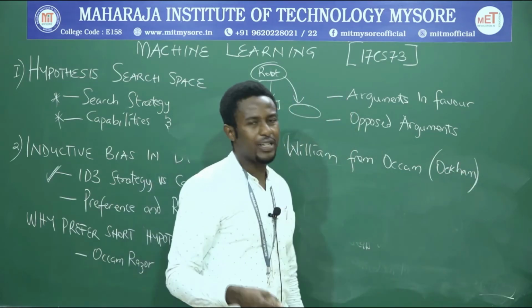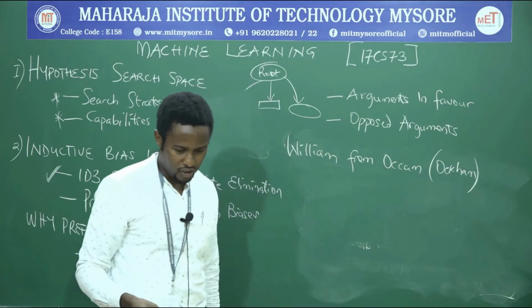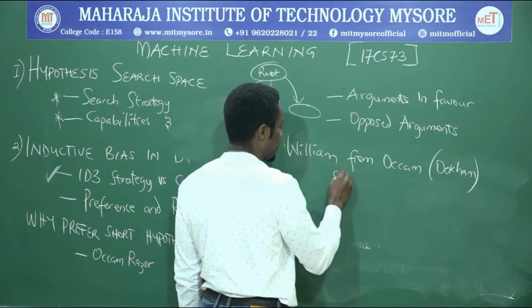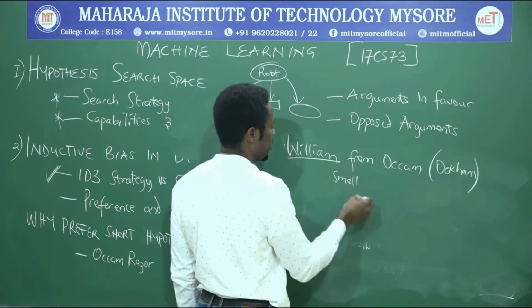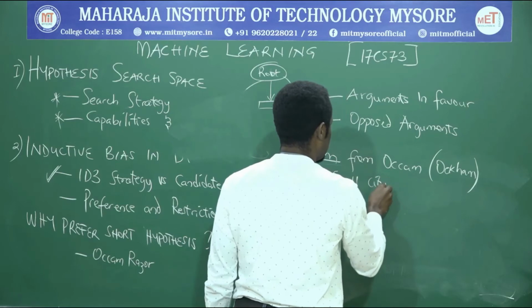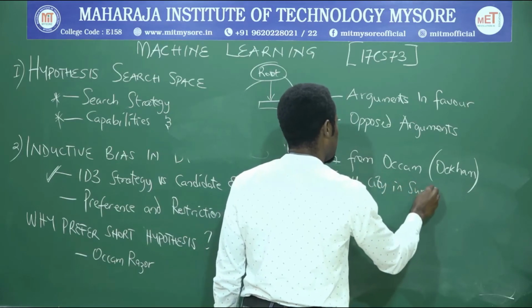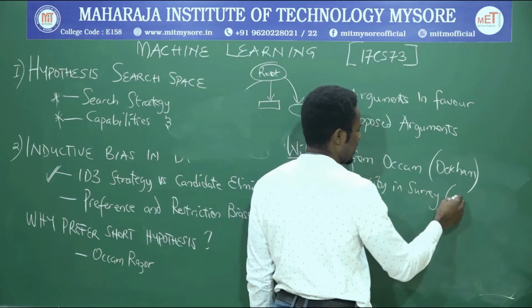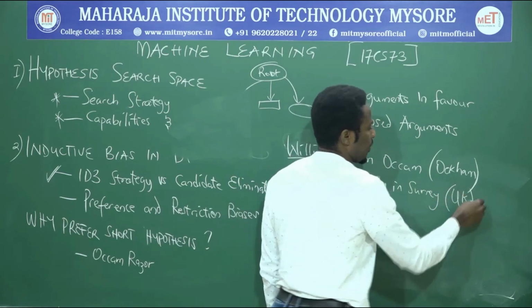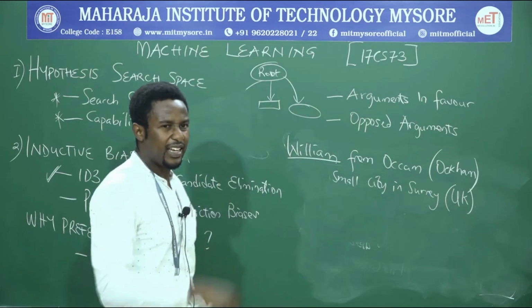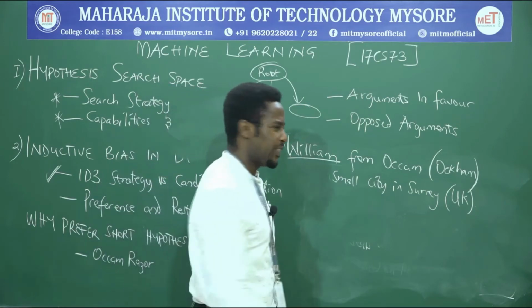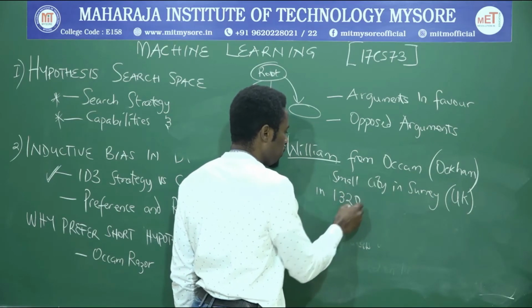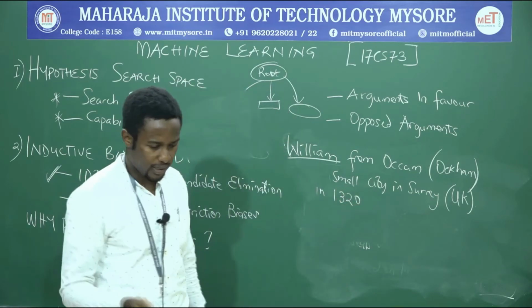Ockham is a small city, they call it a parish, in Surrey, and Surrey is a city in the UK. In 1320, which century is that?